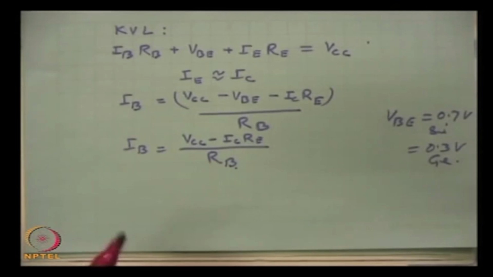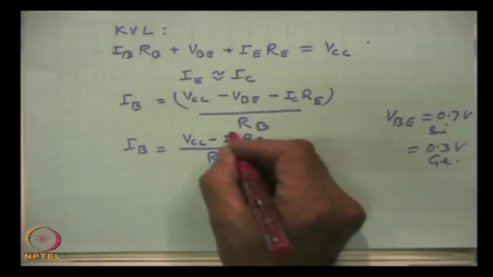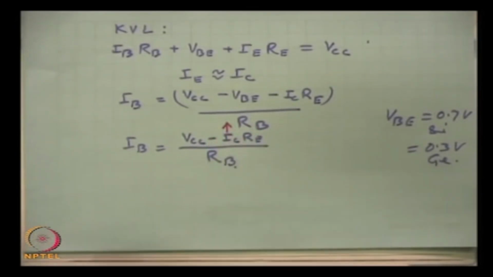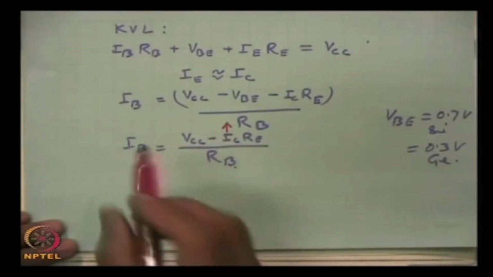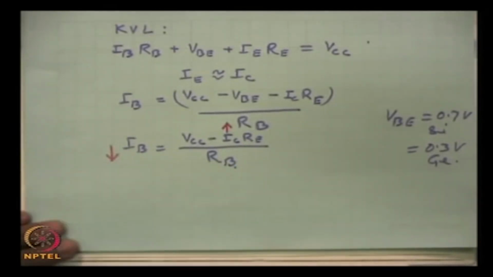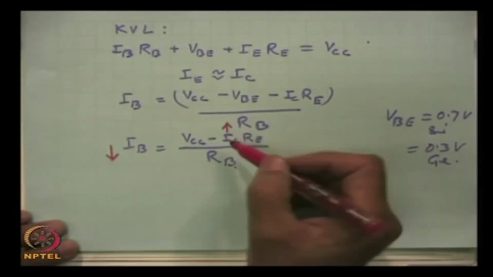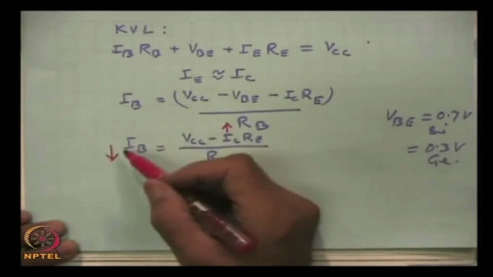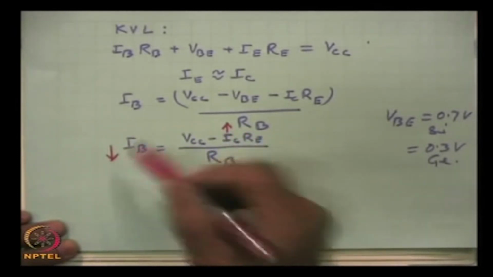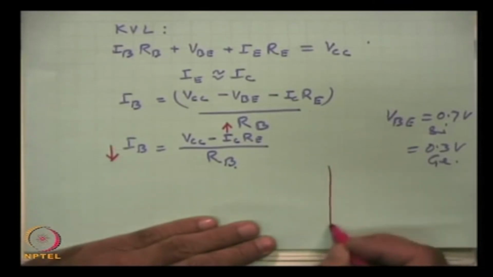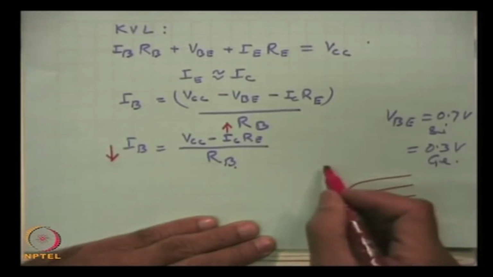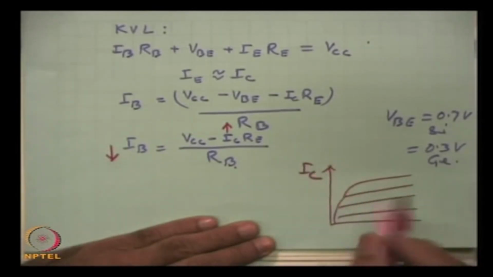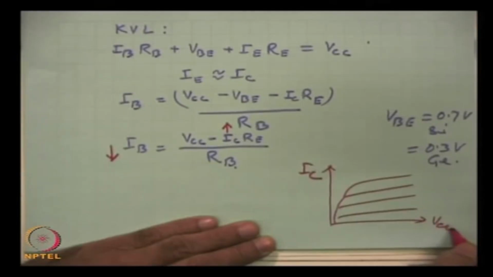For any reason, if the collector current goes high, then this term will be less, and obviously IB will fall. So, the rise in IC will be checked by the fall in IB. You will remember these output characteristics. This is IC, this is VCE, and here is IB.